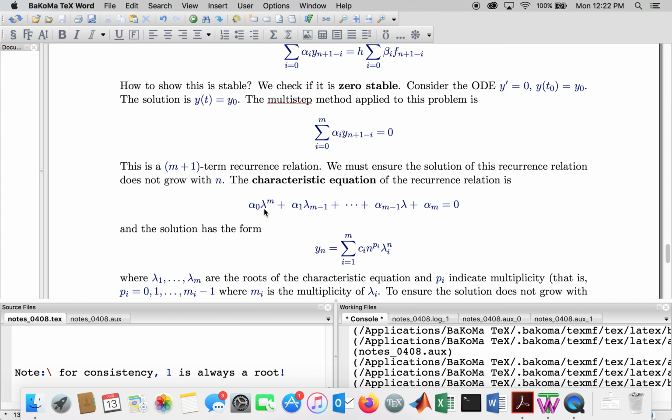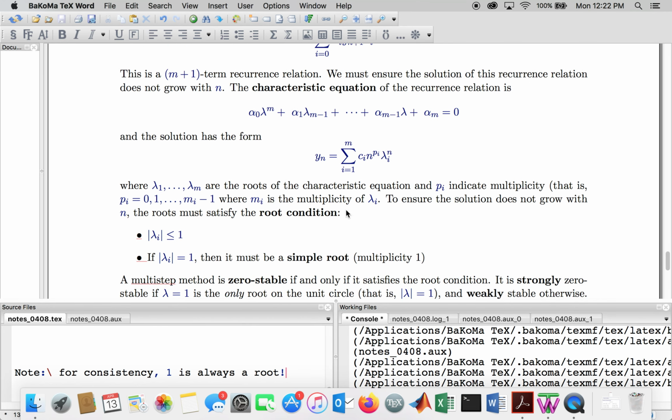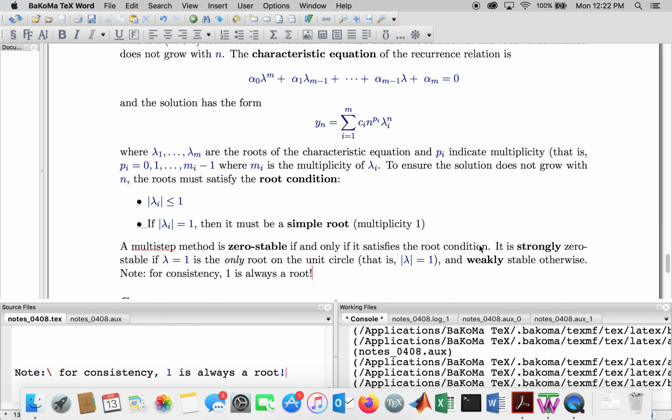So suppose I plug in lambda equal 1 here. Then what I have on the left side is a sum of all the alphas. And since that must be 0, lambda equals 1 has to be a root. So we're always going to have at least one root on a unit circle. If it's the only such root, then we could say it's strongly stable.